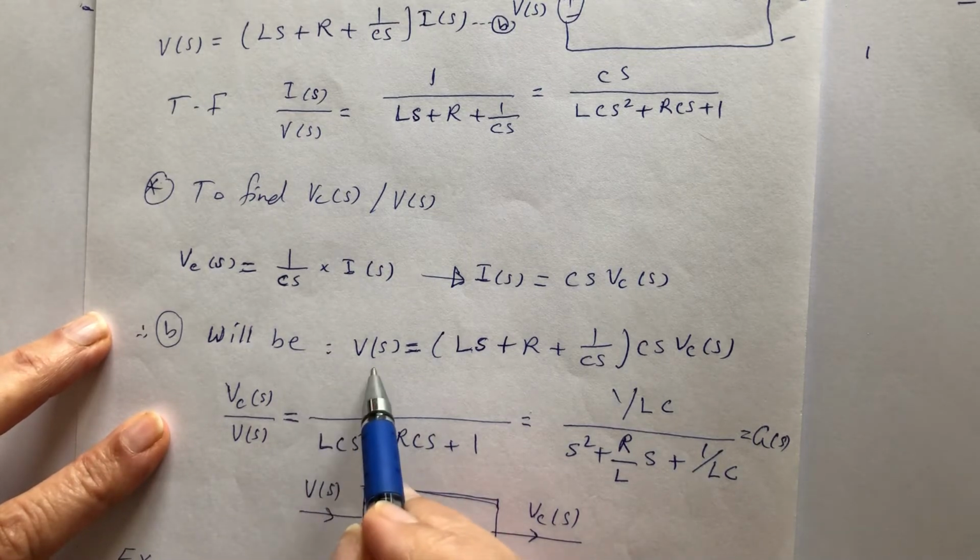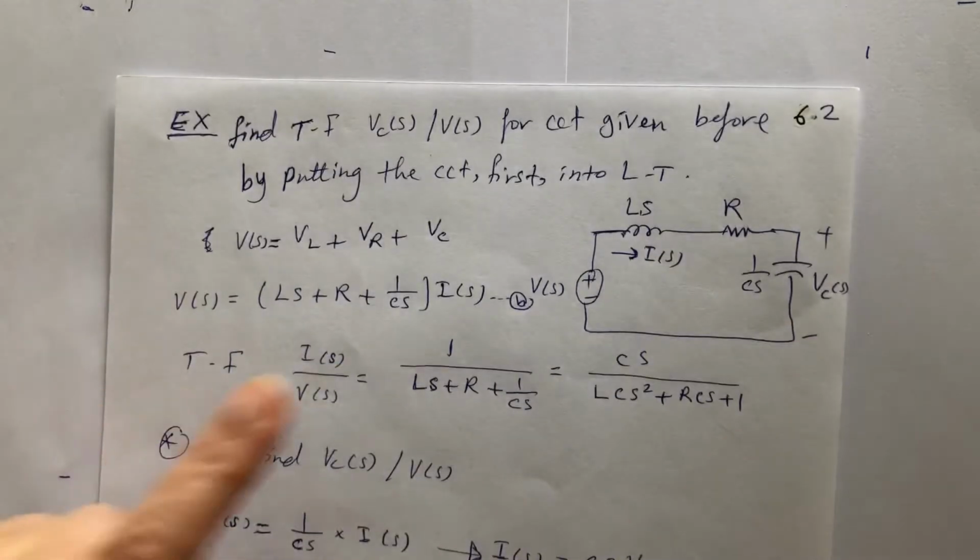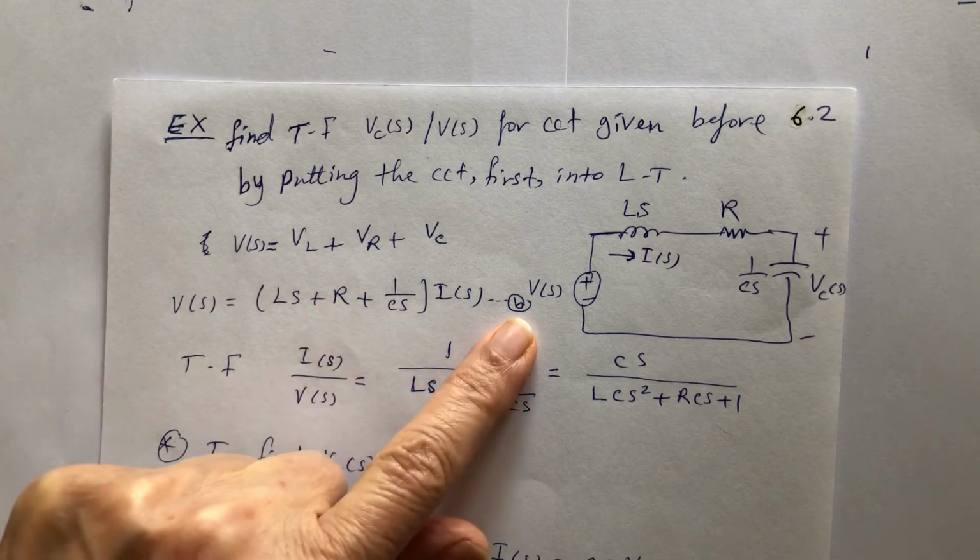Then we substitute into V of S equal this equation, this one, I'll go back to it. I called it VB.